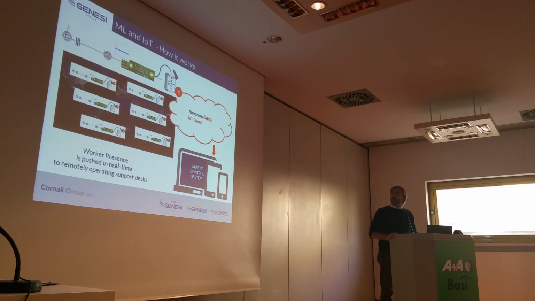But at some point in the story, internet comes in, and it is when the intelligent unit detects the presence, it pushes it to remotely operating support desks by means of an Internet of Things cloud platform. You can look at the orange cloud as a platform that enables the communication with remotely installed devices.